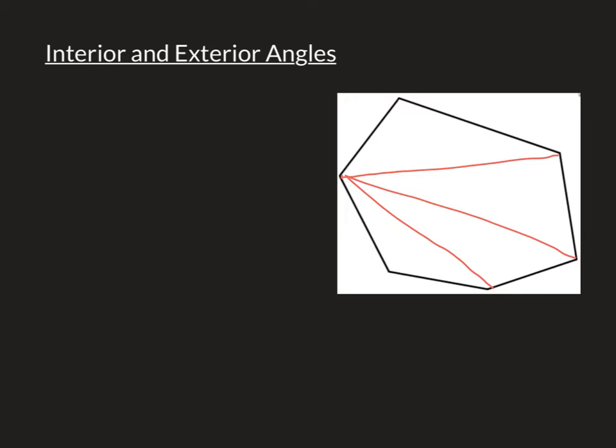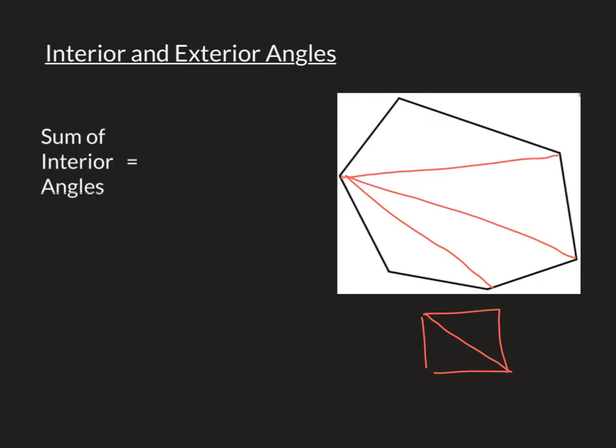There are 6 sides. How do I know how many triangles that would split into? Well, I just do the number of sides, take off 2. So if I had a square, it's got 4 sides, take off 2, and I get 2 triangles that it would split into.